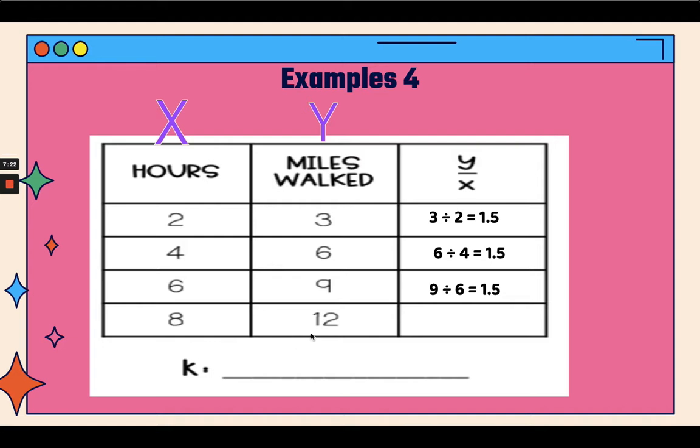Okay. 12 divided by 8, 1.5. So what is our k? What did we always get as our answer? 1.5. Very good. So remember, it is proportional. It shows a constant of proportionality if we always have the same answer here.